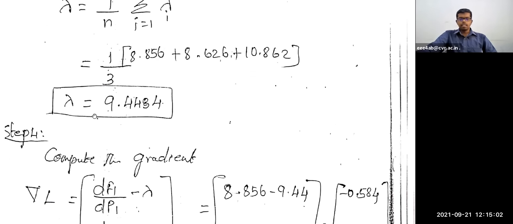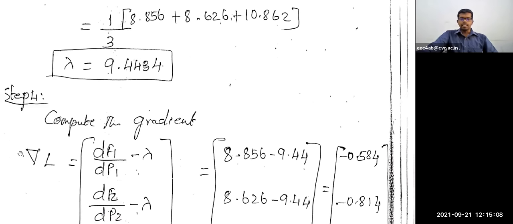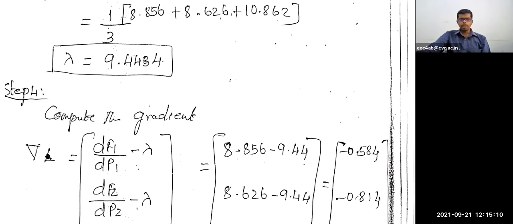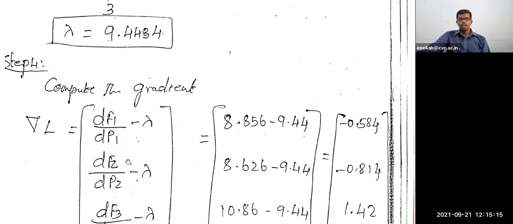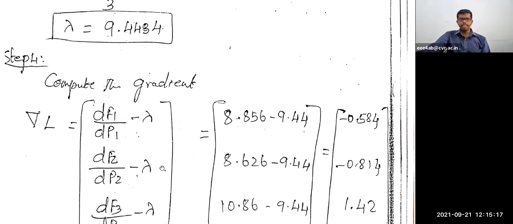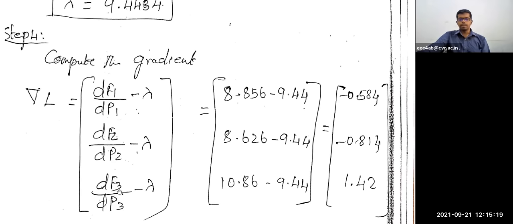Next, what is step number 4? Compute the gradient. How to compute the gradient? Gradient del L is equal to df1 divided by dp1 minus lambda, then df2 divided by dp2 minus lambda, then df3 divided by dp3 minus lambda. Here you can also add PD minus PI, that is the power balance equation, in this matrix itself.